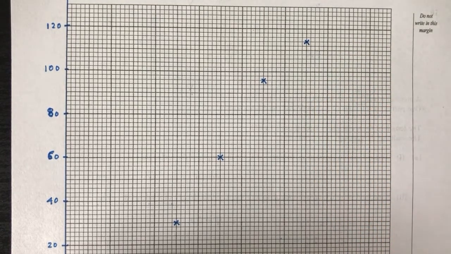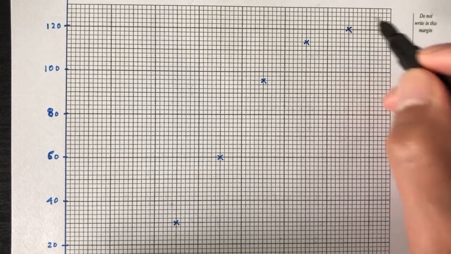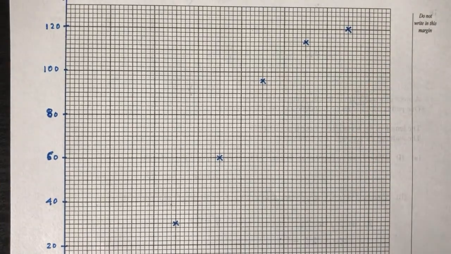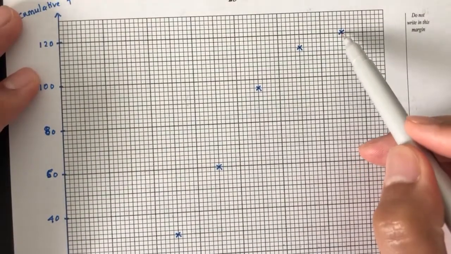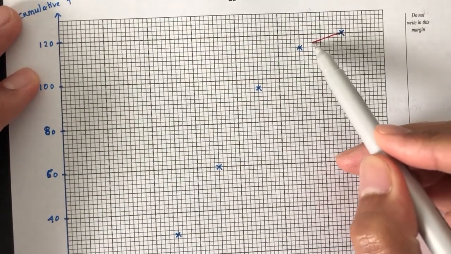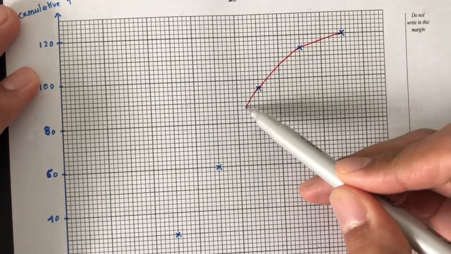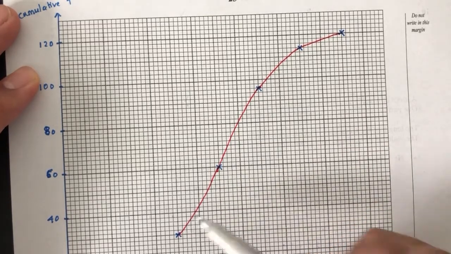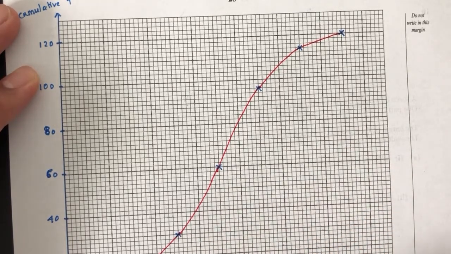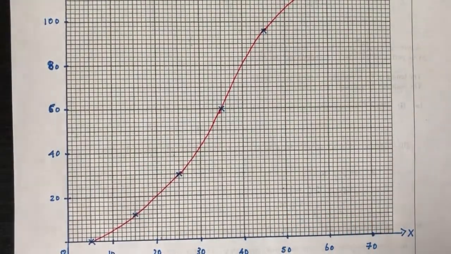And the last one is 65 to 120. That will be here. So now we have to connect all the dots. Try to make it as smooth as possible. Try your best so that your answer will be as accurate as possible. Okay, so this is the curve for part A.